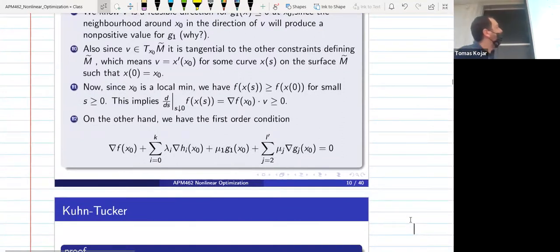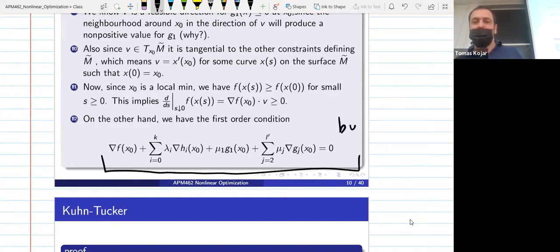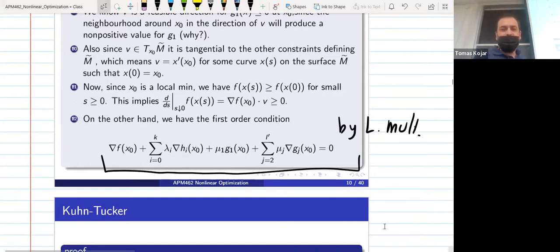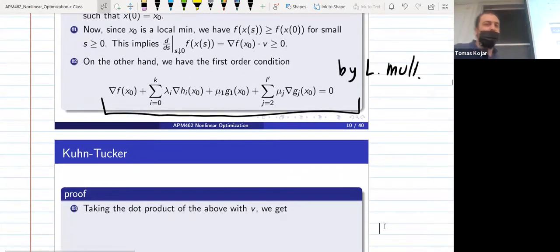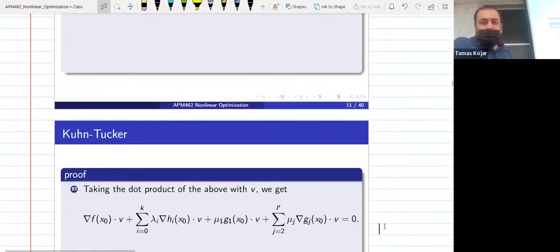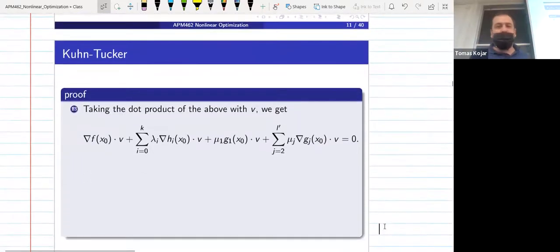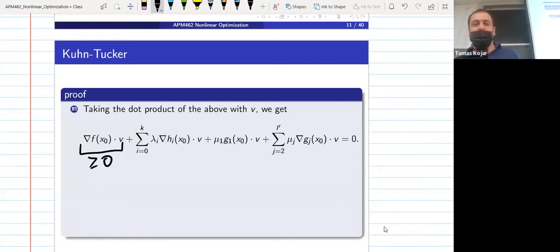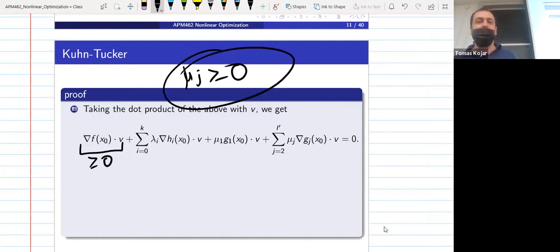We showed it before above, just by Lagrange multipliers. I will summarize the entire proof. I just want to go through all the steps. You take the dot product of this with v, because we want to use our condition that this is non-negative. And again, let me remind you, the goal is to show that the mu j's are non-negative.